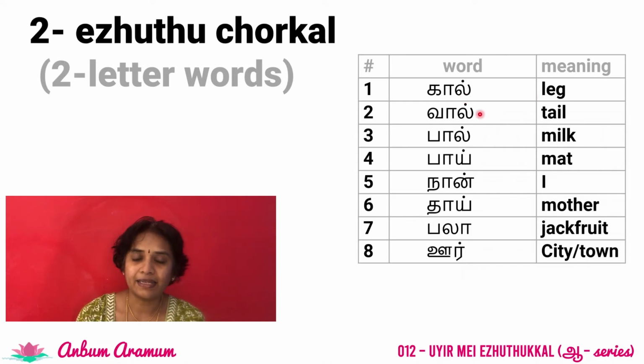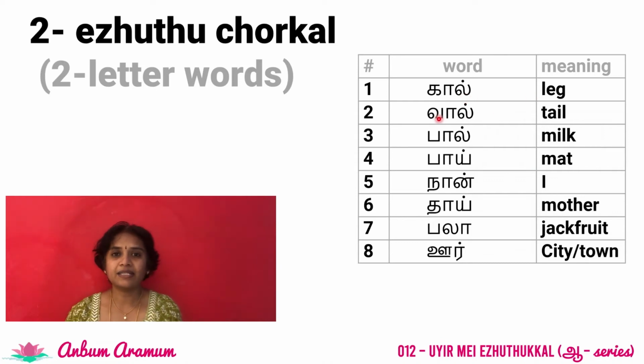Kal means leg. The second word, the first letter is va and the second letter is il, so va il is val, means tail. Pa il is pal, means milk. Pa e is pai, means mat.